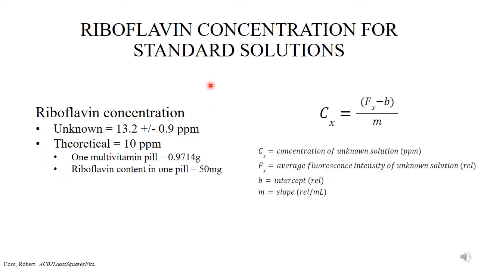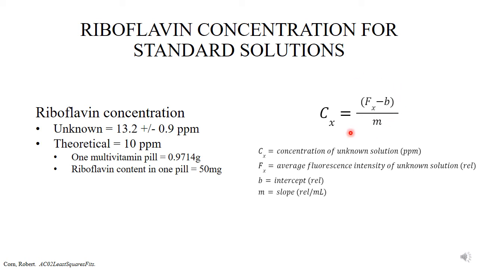Using the standard calibration curve, the concentration of riboflavin in the solution can be determined with this equation. Cx is the concentration of the riboflavin, and Fx is the average fluorescence intensity of the riboflavin solution, B is the intercept, and M is the slope.